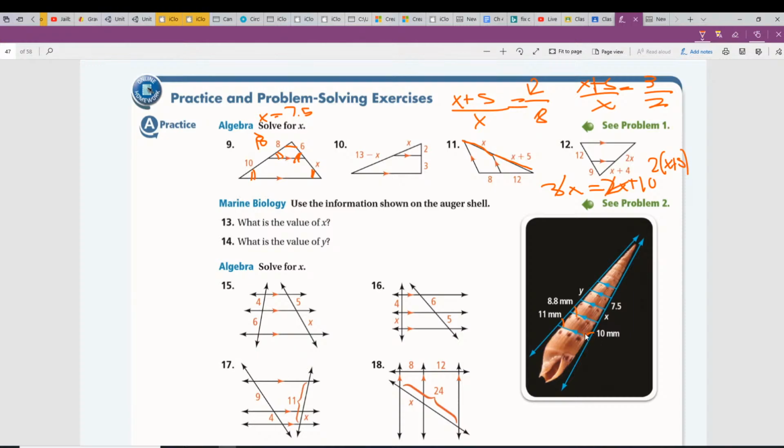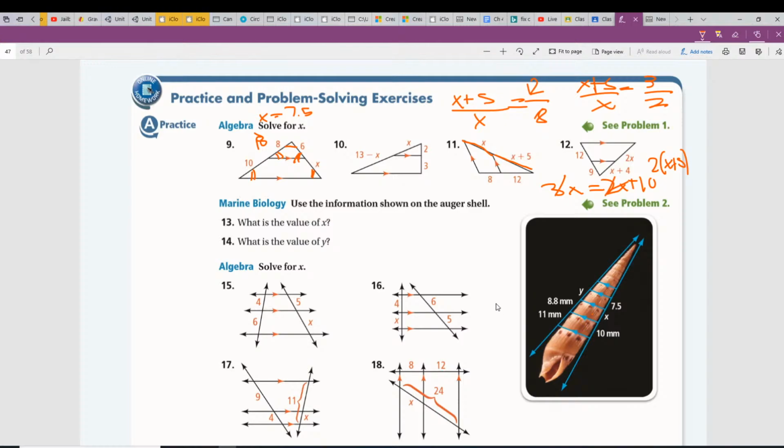So these two angles are also congruent. These are also congruent, and we're going to use this parallel thing to show that they are. You could basically see here that the corresponding angles are congruent. So let's erase that.